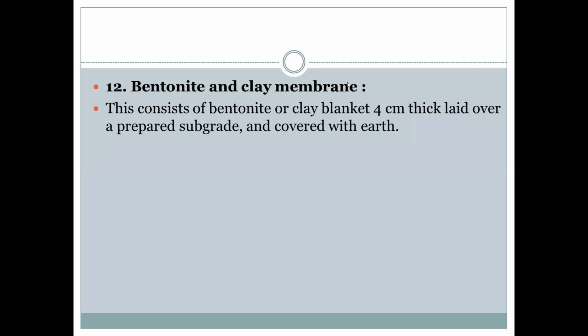After laying this 4 cm layer, earth material is laid over it. Therefore, this type of lining is called bentonite and clay membrane type lining.